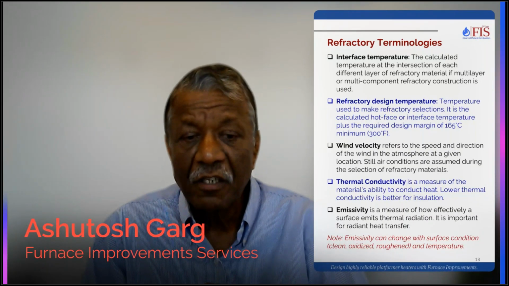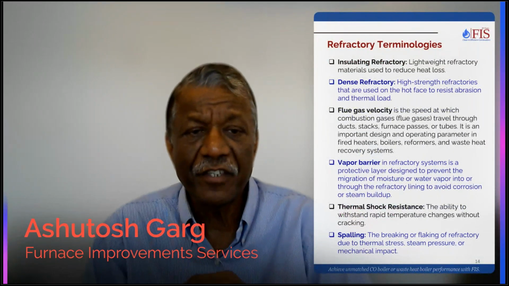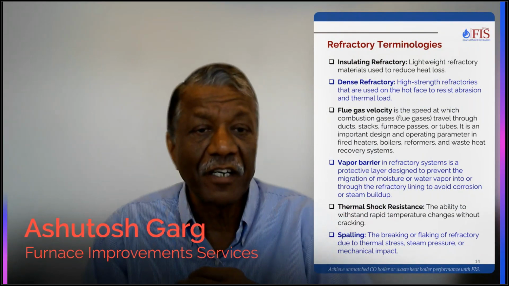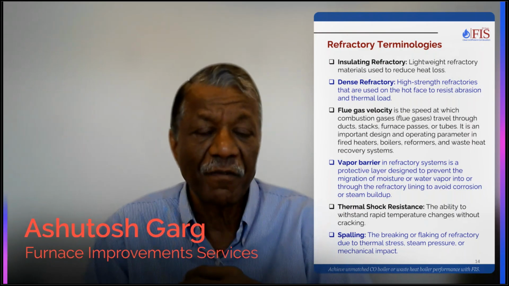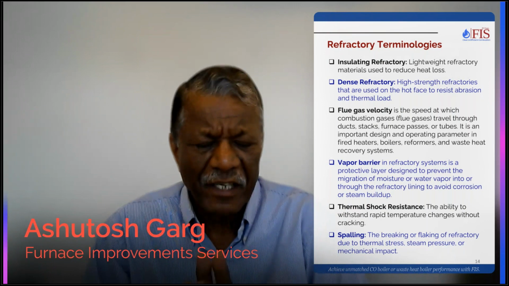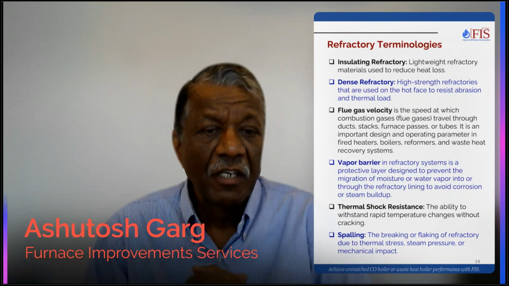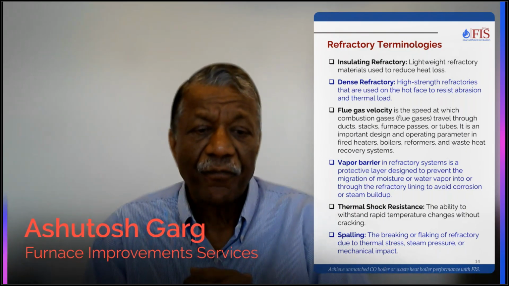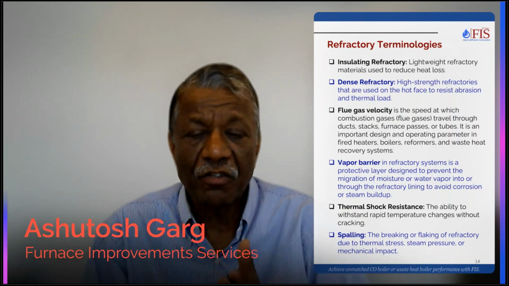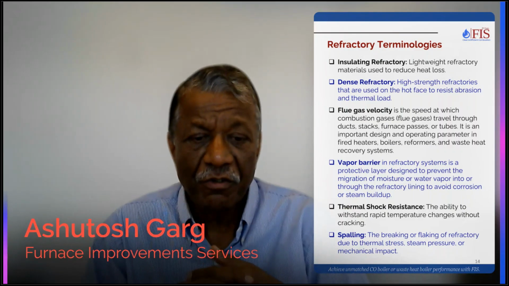All these parameters: insulating refractory, dense refractory, flue gas velocity, again important. There have been cases where people used ceramic fiber in convection and it caused a lot of problems. Vapor barrier: we try to provide some sort of vapor barrier between two layers of castable so that the moisture doesn't percolate into the dry layer. Spalling is the breaking of refractory on the hot face due to thermal stresses or water coming out, so the refractory can spall.